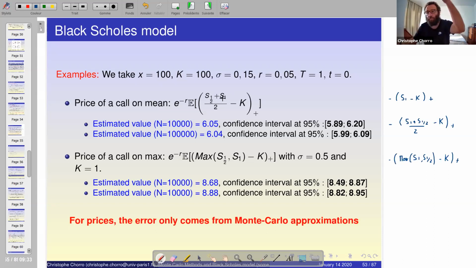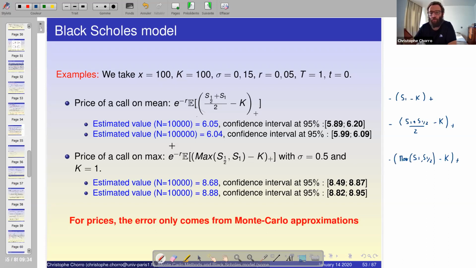If I do this independently several times, applying the Monte Carlo methodology, I will be able to approximate such expectations. It's what I have done here. I have done the job for n equal to 10,000 or n equal to 100,000 realizations, and I obtain these estimated values with these confidence intervals.